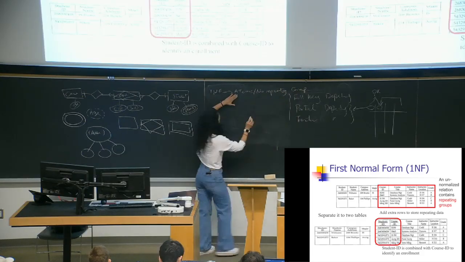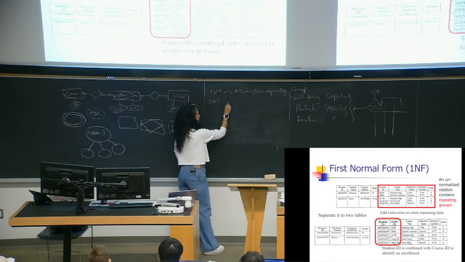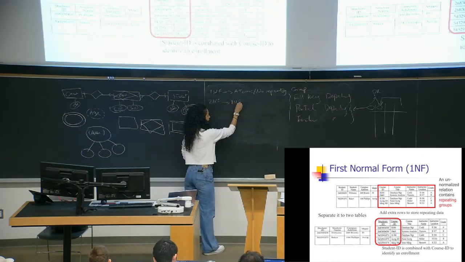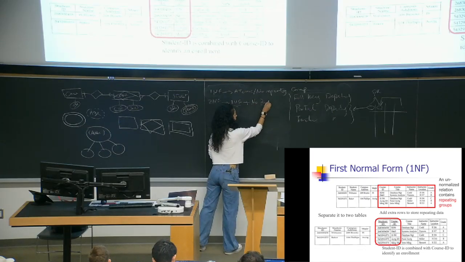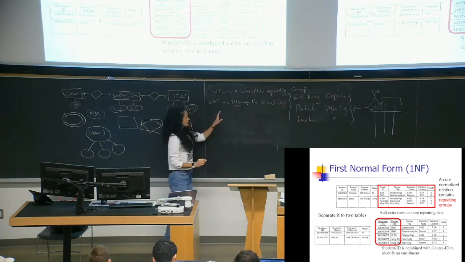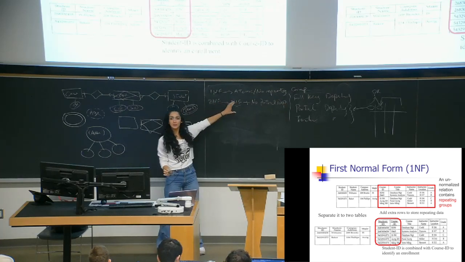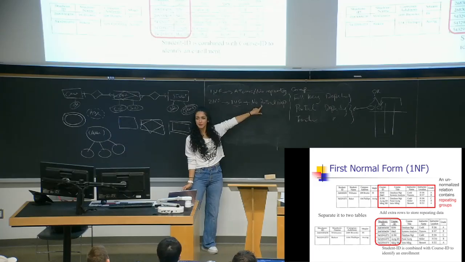Okay, so this is 1NF, which is easy. And then 2NF means already in 1NF plus no partial dependency. So 2NF means the table is already in 1NF, plus it doesn't have partial dependency.